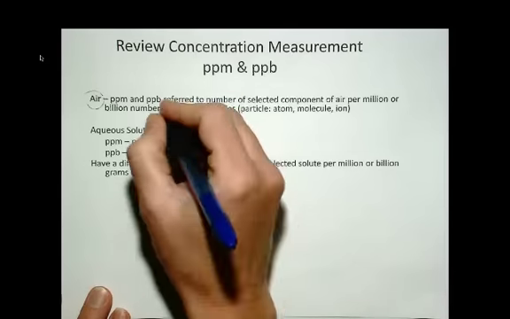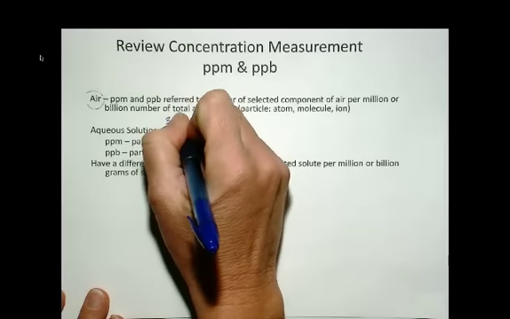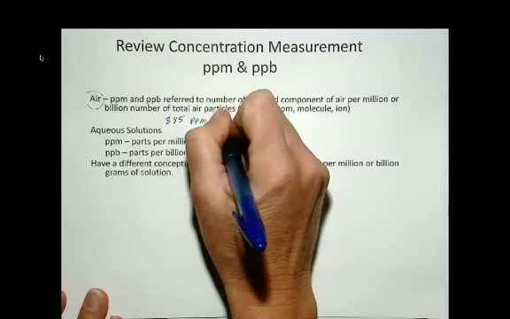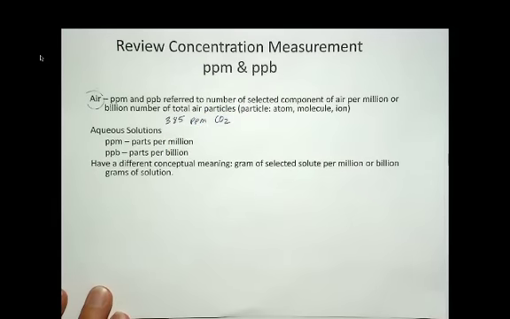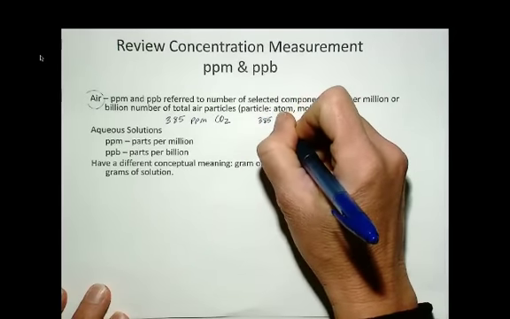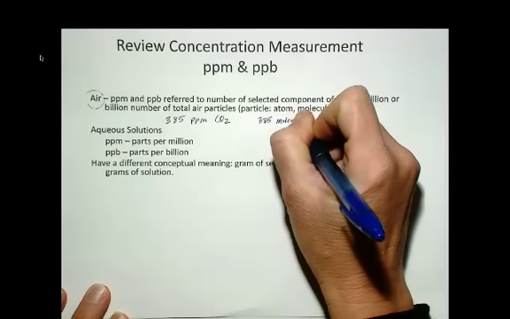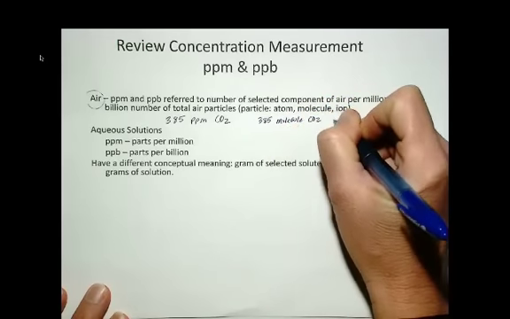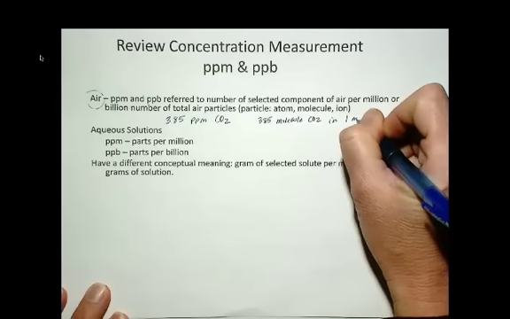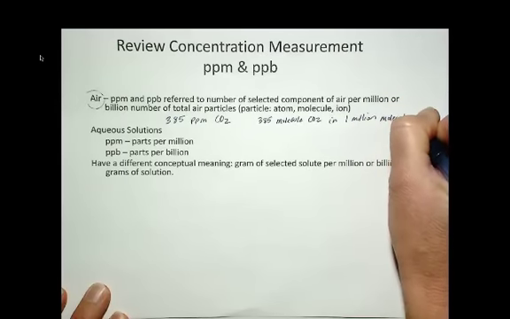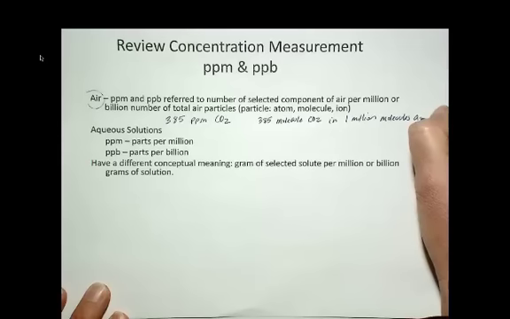For example, when we said there might be 385 parts per million carbon dioxide in the air in some particular location, what that meant was that there was 385 molecules, that would be the particle, of carbon dioxide, called a molecule of carbon dioxide, in 1 million molecules of the mixture. Okay, and in this case the mixture was air.